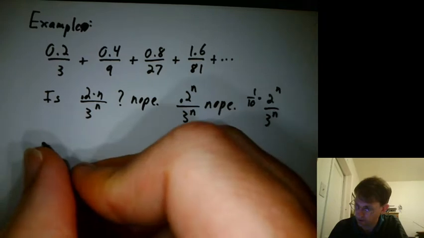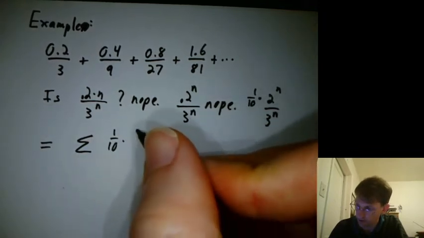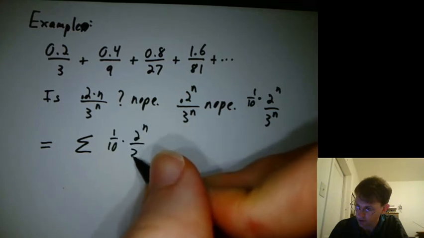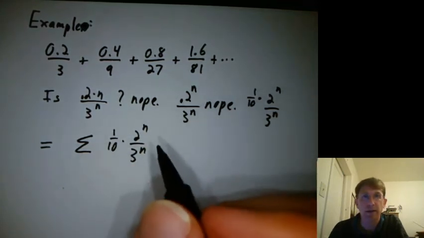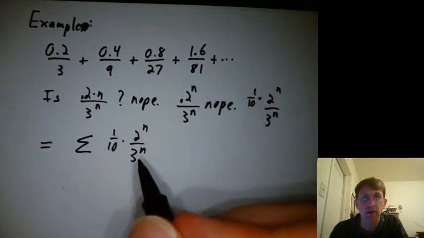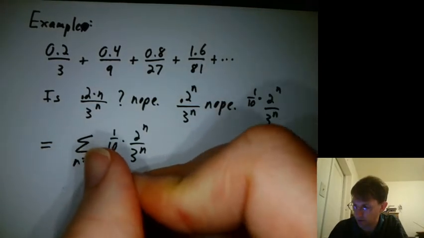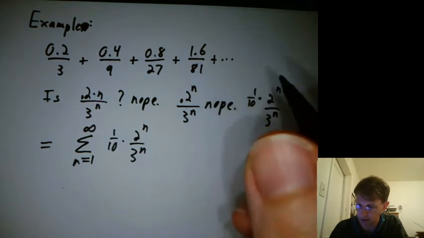So let's say our sum is the sum of 1/10 times 2 to the n over 3 to the n. Is this starting at n equals 1 or n equals 0? Take a sec to think about that. Well, to get 3 to the n starting at 3, we need n to be 1 to begin with. So it would be that.